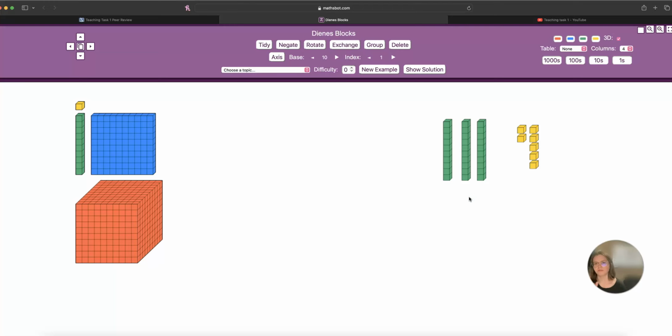So how can we transform this number to make a silly representation? Earlier we grouped numbers together as 10. What if we exchanged it? What if we exchanged one long for 10 small cubes? Now, this makes our number a silly representation.